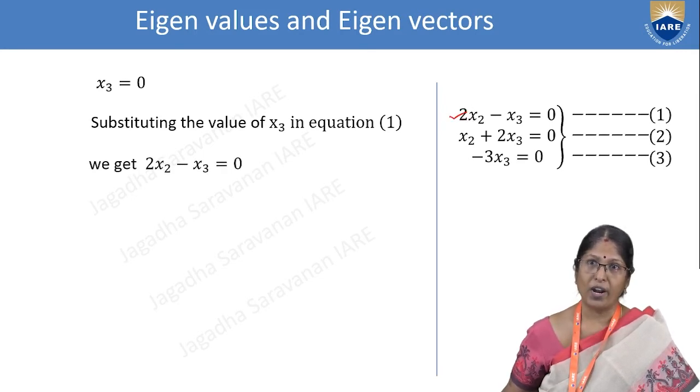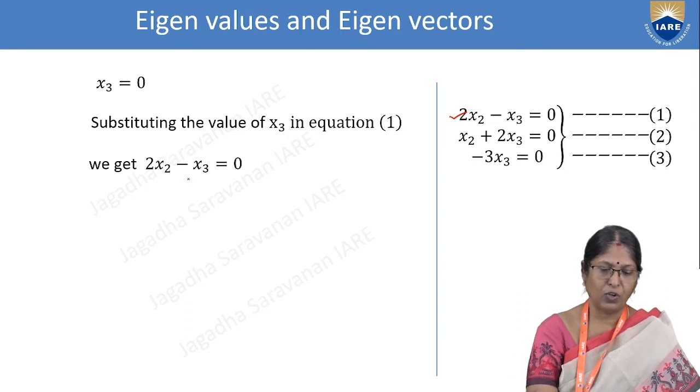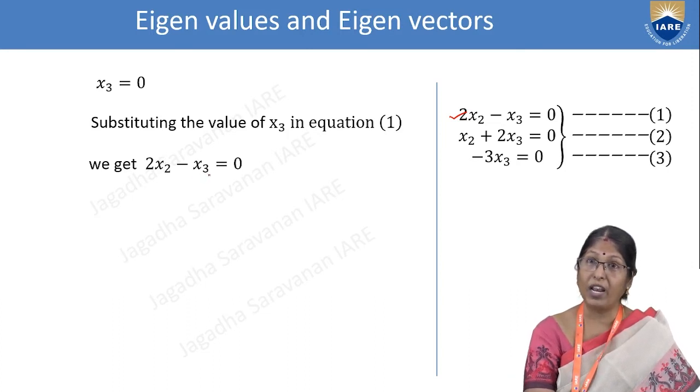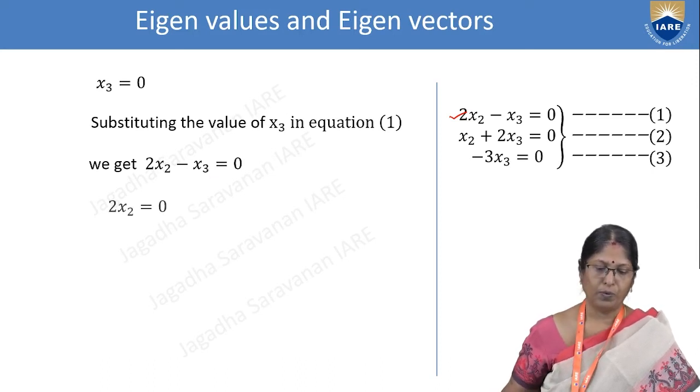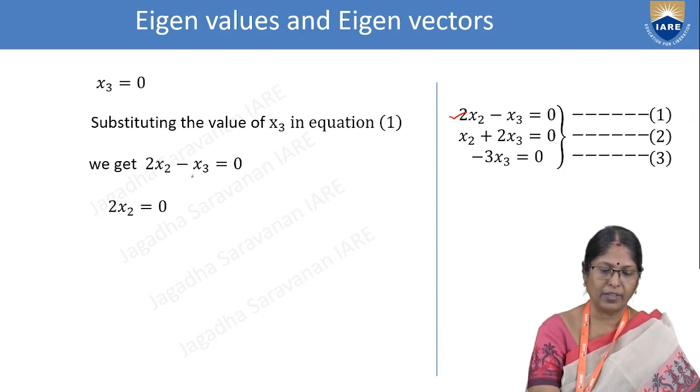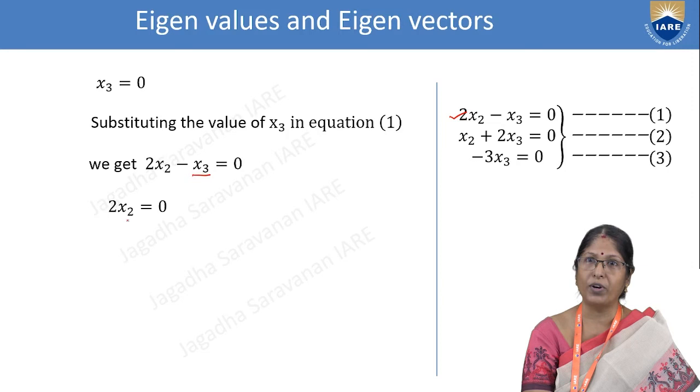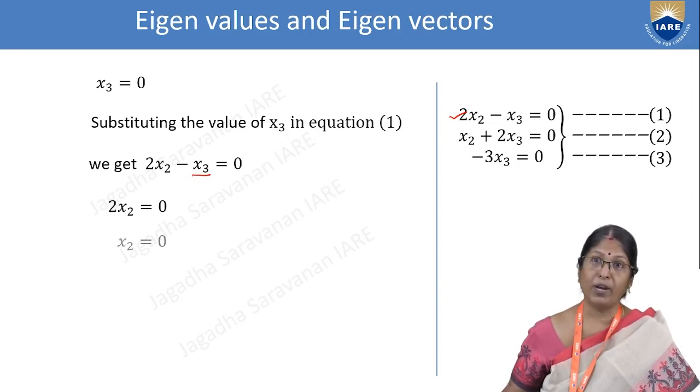In this, we substitute the value of x3, which we know is 0. Then the balance we got is 2x2 equal to 0. So it is nothing but x2 equal to 0.